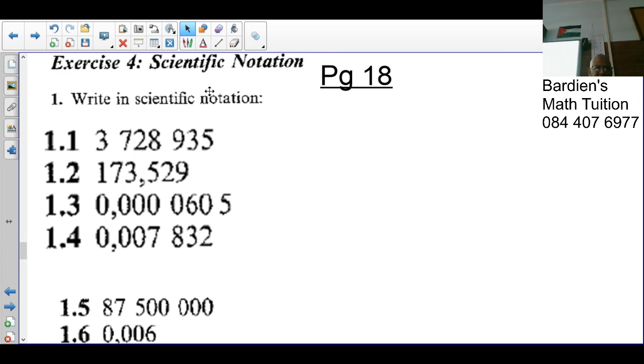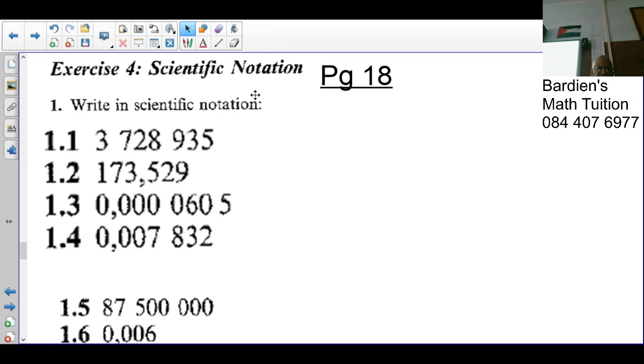So, scientific notation. Page 18, number 1. Write in scientific notation. Okay, so you must mark your work now. Just let me know if you have any issues here. Okay. So what we're going to do is I'm going to do the whole exercise.